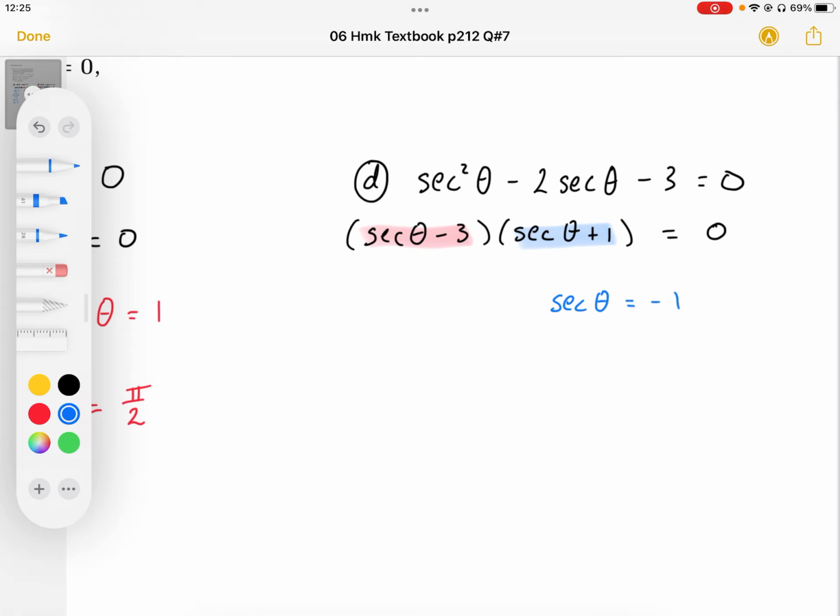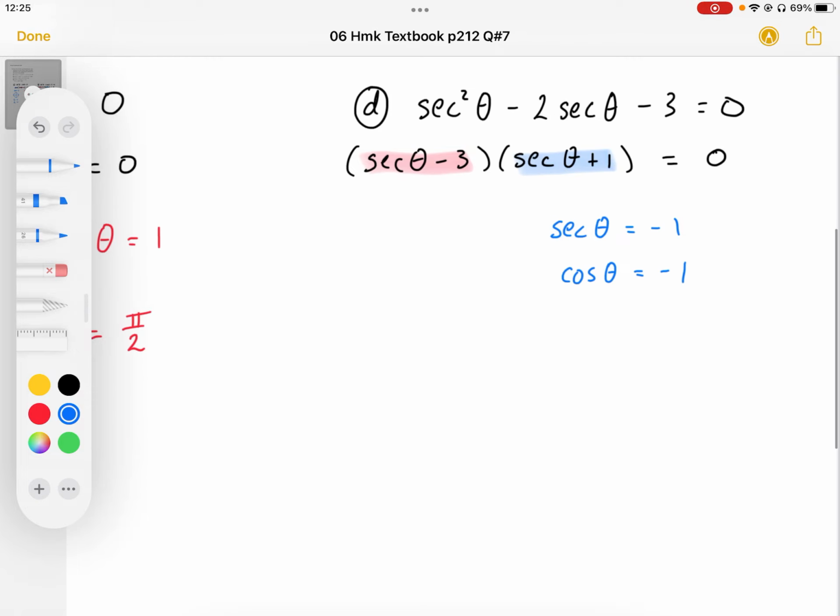Now this is a special angle ratio. To solve for secant, I first need to convert it to cosine. So cosine is going to be 1 over negative 1, so that still stays as negative 1. Negative 1 is a special angle ratio. When I draw this in, the horizontal is equal to negative 1 only at one point on the circle.